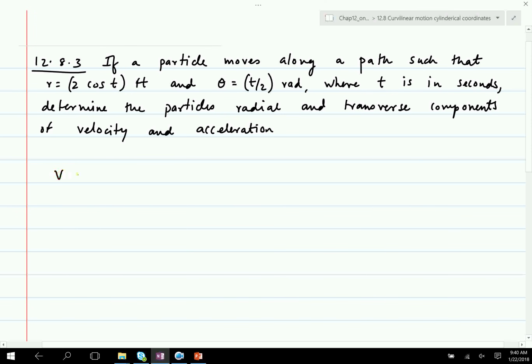So V is Vr ur plus V theta u theta. So Vr is r dot ur plus V theta is r theta dot u theta. So we need to find r dot and theta dot, right?